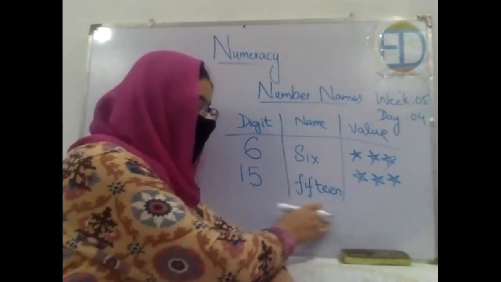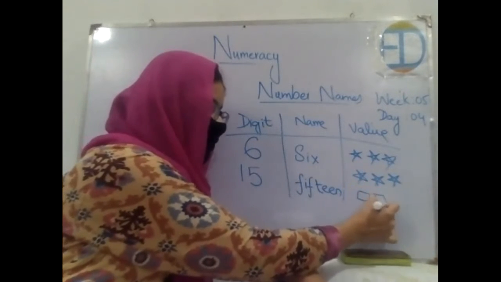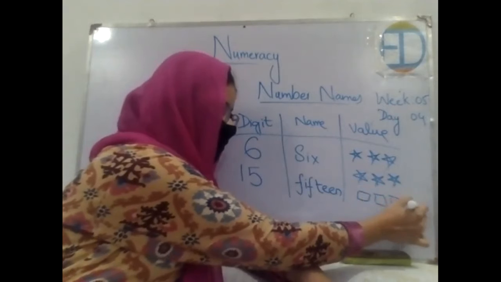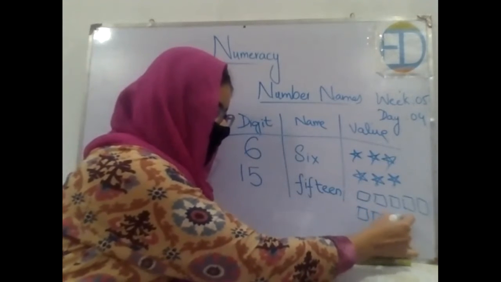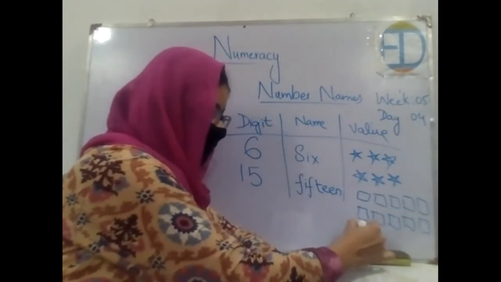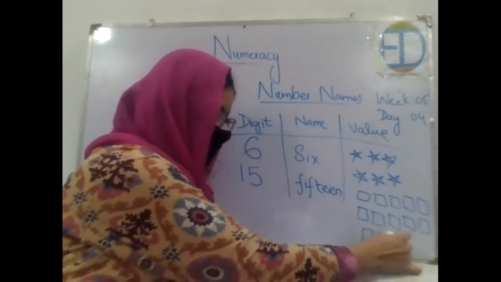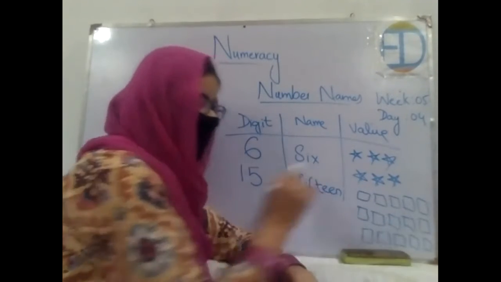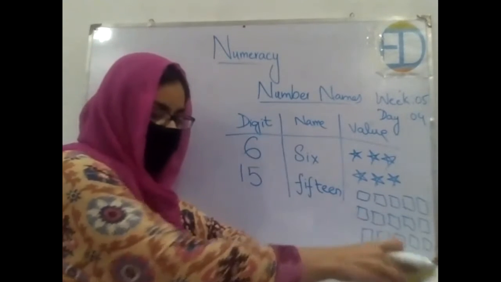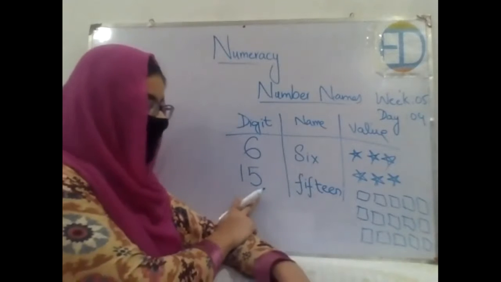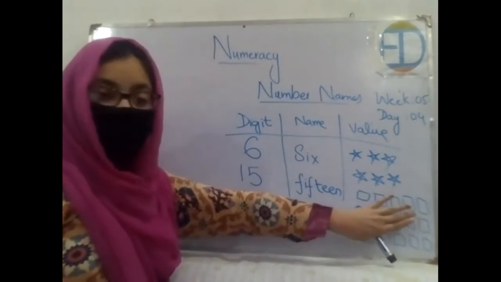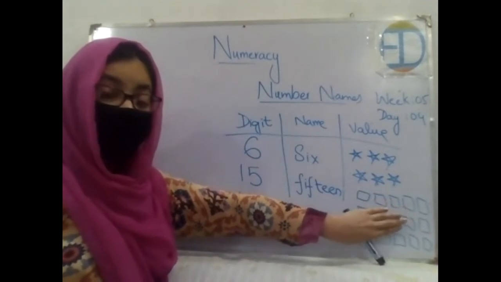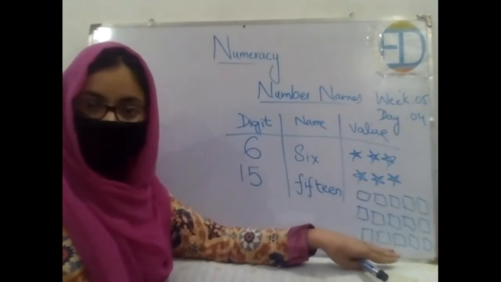And the value given to it is these number of objects. This means that whenever this number 15 is written in front of you, you will have this idea that it must contain these number of items, right?